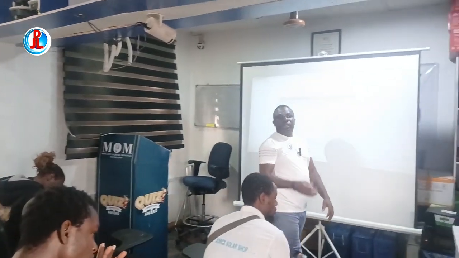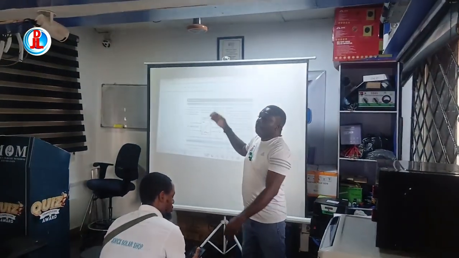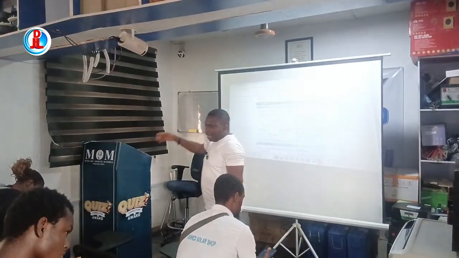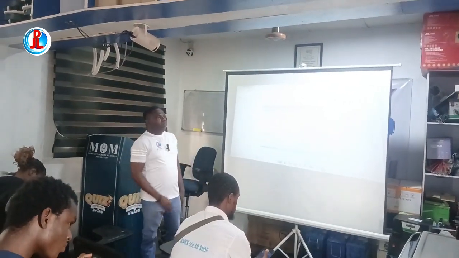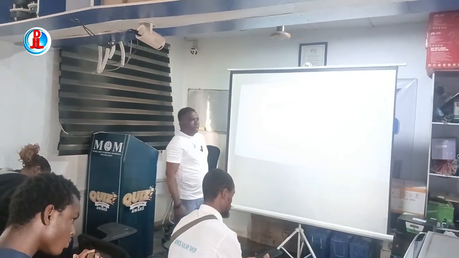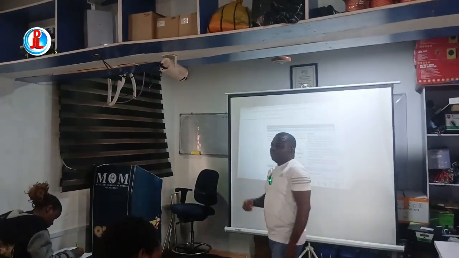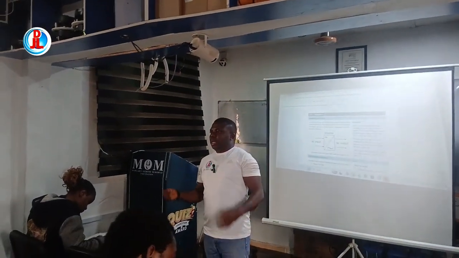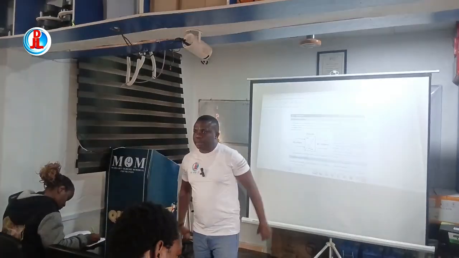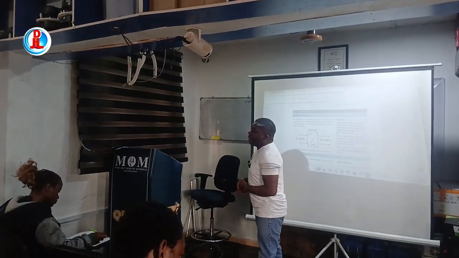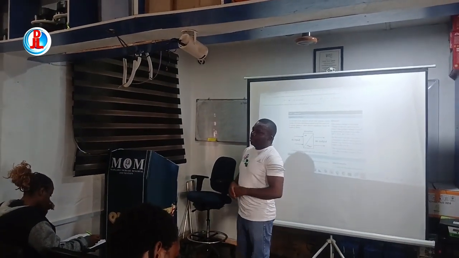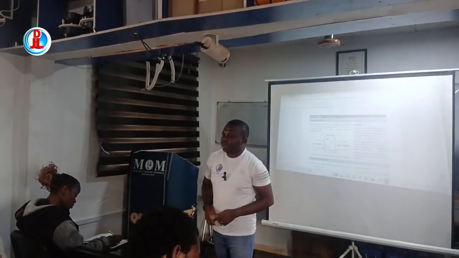DC is like voltage from battery or solar panel. Voltage from battery cannot be used in our normal home appliances in Nigeria. Most of our appliances cannot use it unless it's AC.